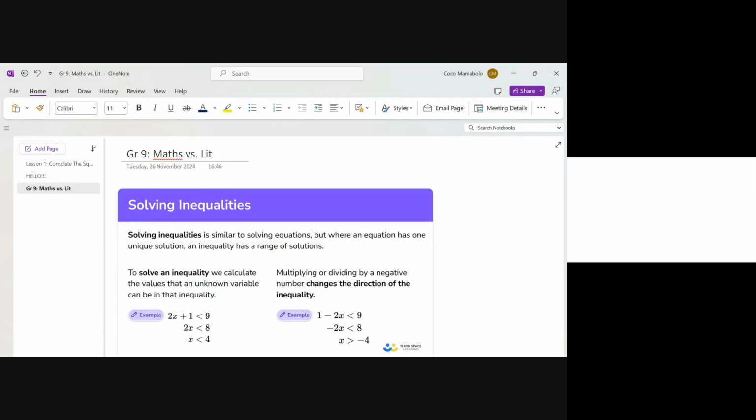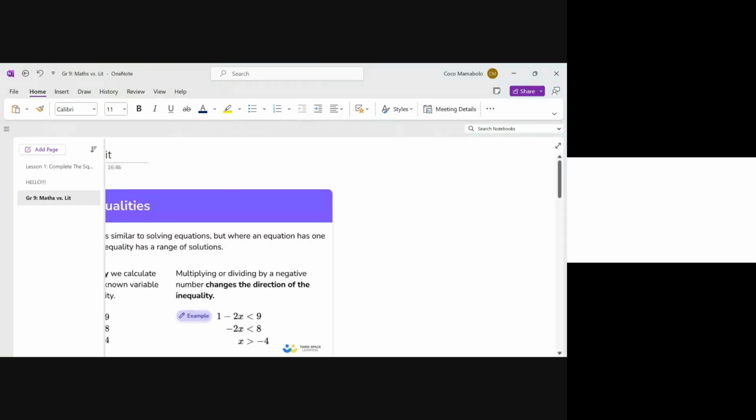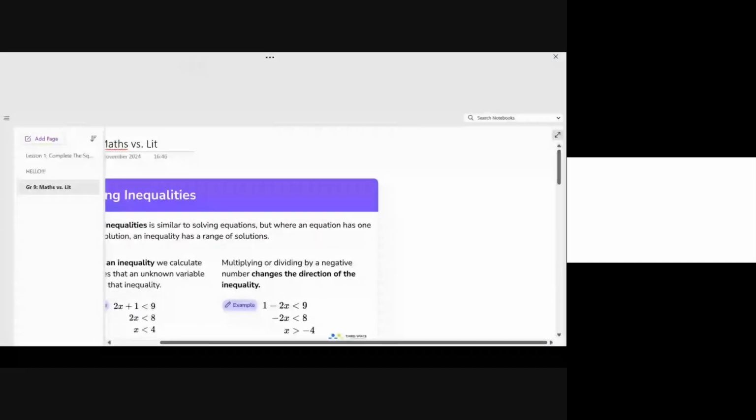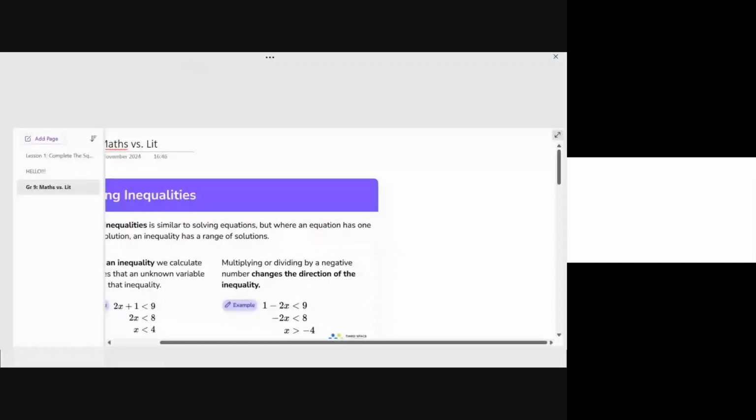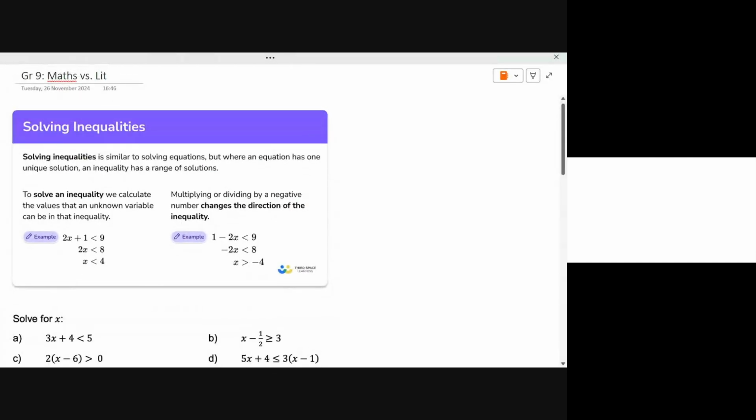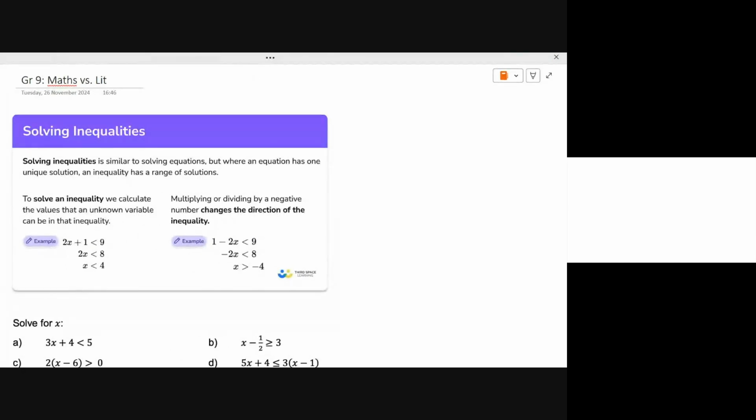Now, I'm going to quickly scroll over. Let me flip my screen so I can write on it. I'm going to scroll over to the side a little bit. Let's make that bigger. Excellent. Okay, there we go. All right. So if I said to you guys that x is equal to 5, we all understand what that means.